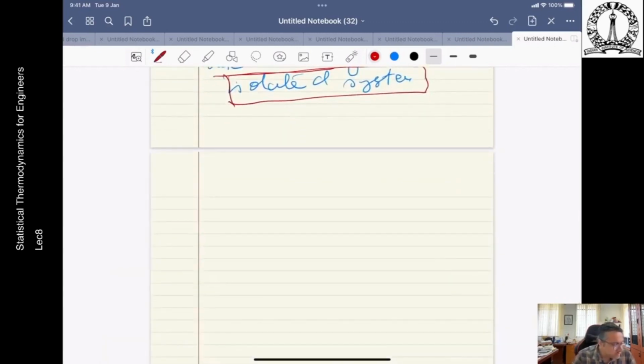Okay, so let us do that. Now we also know that each microstate is equally likely.